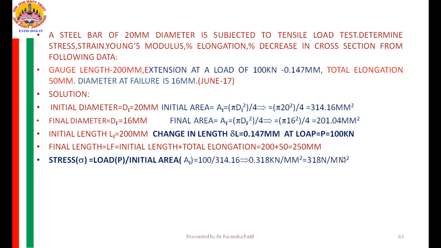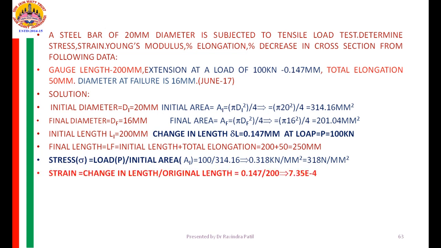Load he has given as 100 kilonewton and the initial area is known to us. Therefore, I will get the answer in kilonewton per mm square, 0.318 kilonewton per mm square. To remove the kilonewton, you multiply it with 1000. That is 318 Newton per mm square.